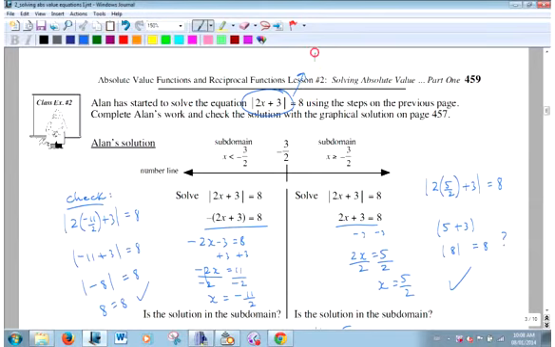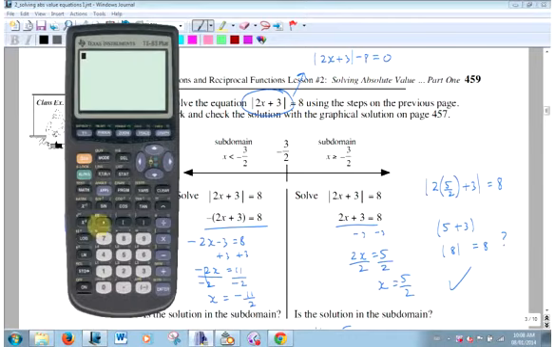Again, there's 2 ways to do this. I think most of us would go, where's this thing equal to 0? Okay, that's the same as this, right? Minus 8 from both sides. Find the 0. So absolute value, math button, move over to number.